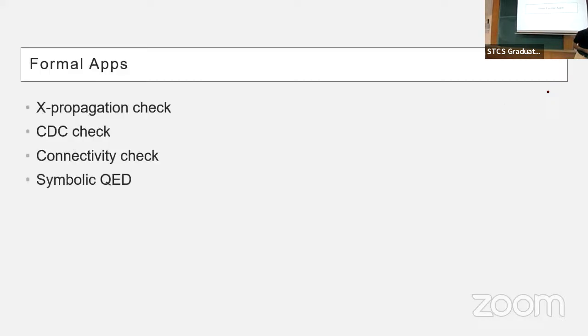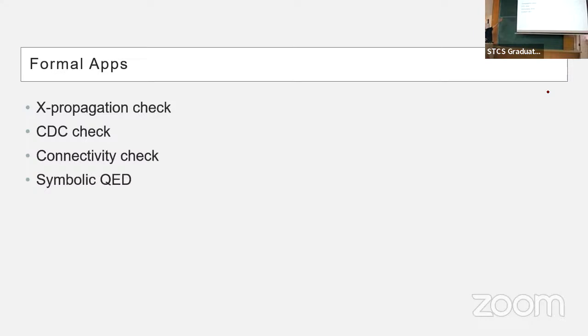There are some other formal apps; the tools provide some specific apps also. For example, X propagation check, which basically means that in the circuit, at no point is it propagating any unknown value to the output.